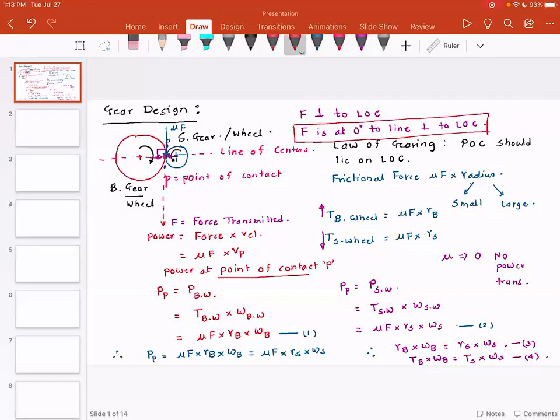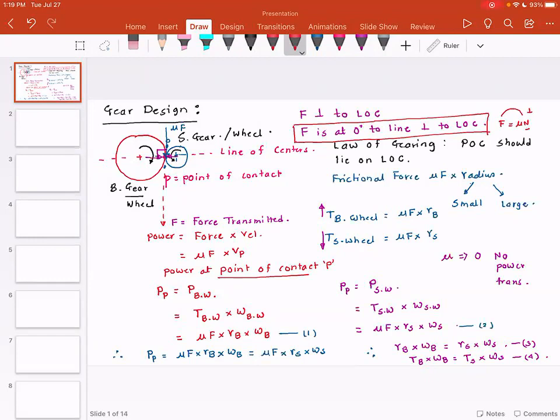So why is F at 0 degrees to the line perpendicular to the line of centers? The reason is the equation: frictional force F is equal to mu N. Frictional force is perpendicular to the normal reaction.